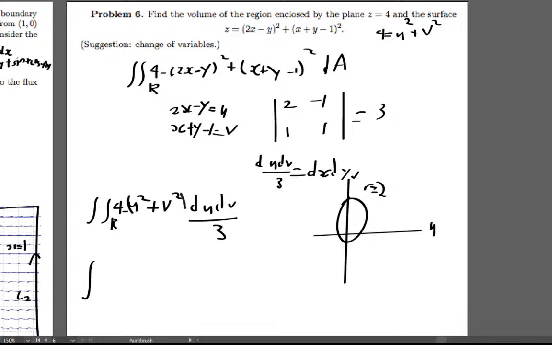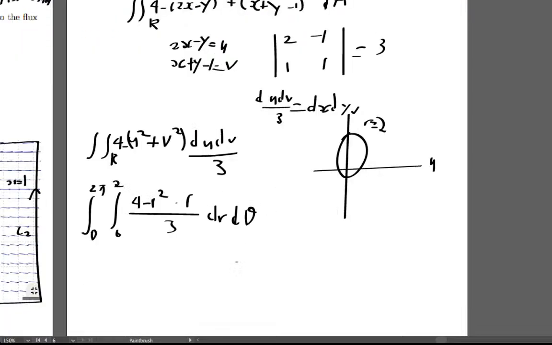Therefore, you could just straight away turn this entire thing into polar: the integral from 0 to 2 pi, of the integral from 0 to 2, of (4 minus r squared) multiplied by r, divided by 3, dr d theta. And now this is where most of the calculation takes part.